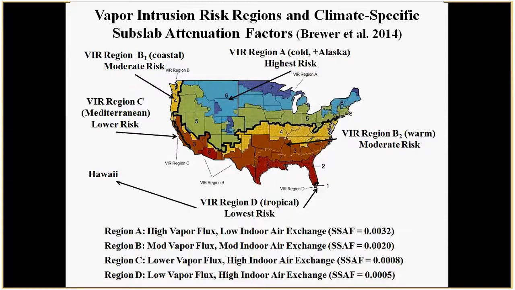Versus if a building is heated, it tends to underpressurize the building more and you get a higher vapor entry rate. So vapor intrusion risk is higher in cold areas of the U.S. than in tropical or warm areas. This is reflected by differences in the attenuation factors of vapors intruding into a building, so vapor intrusion screening levels are going to be different for different areas of the country. So that all gets pretty complicated.